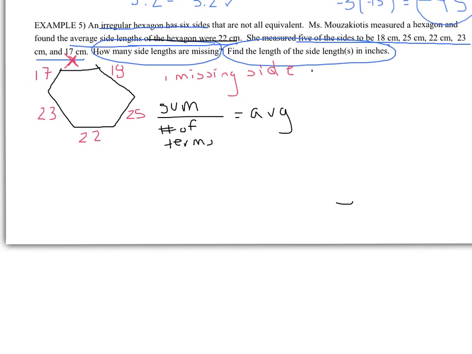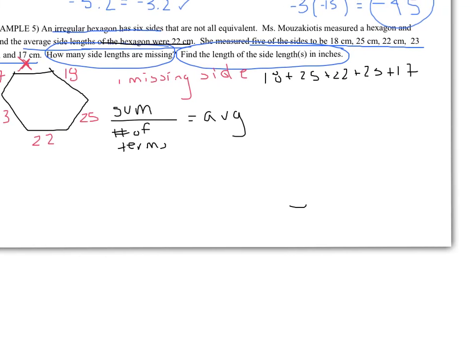We had an 18 plus 25 plus 22 plus 23 plus 17. I'm going to have to move my thing over a little bit. Okay. And then our last side length was an x.